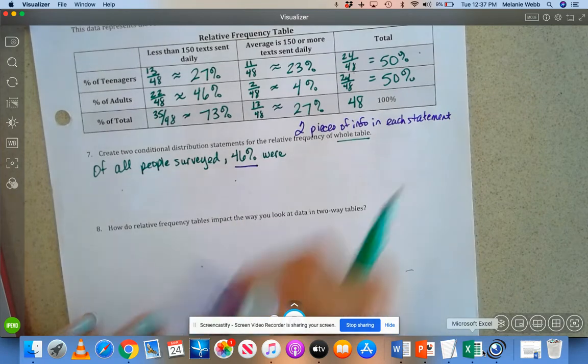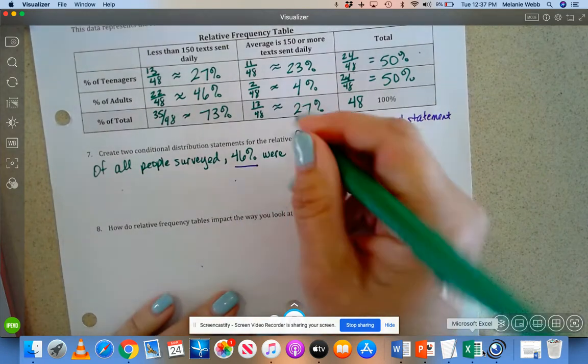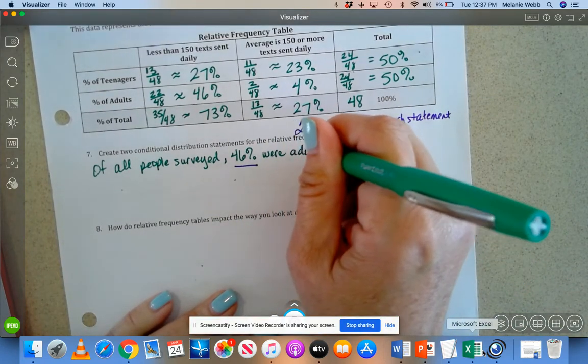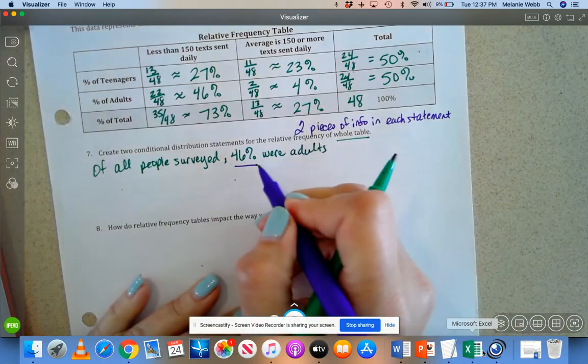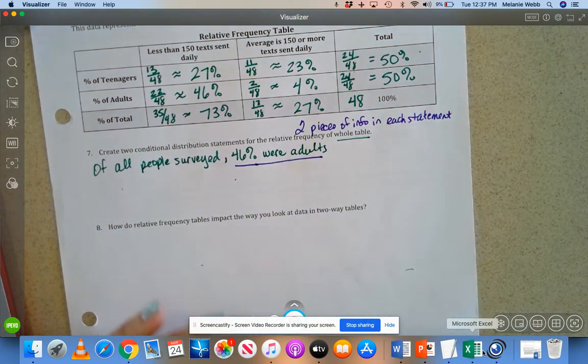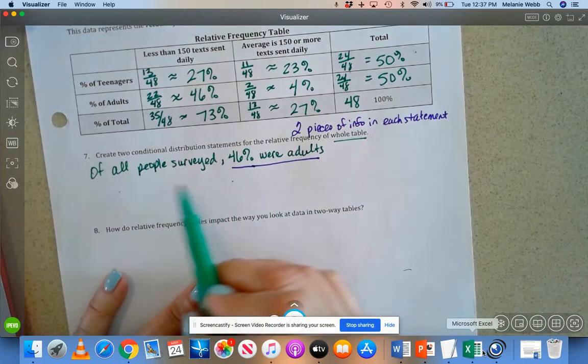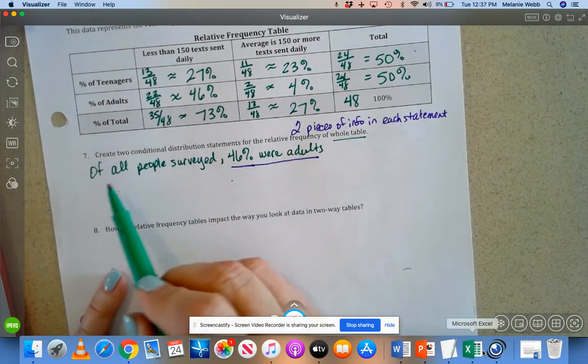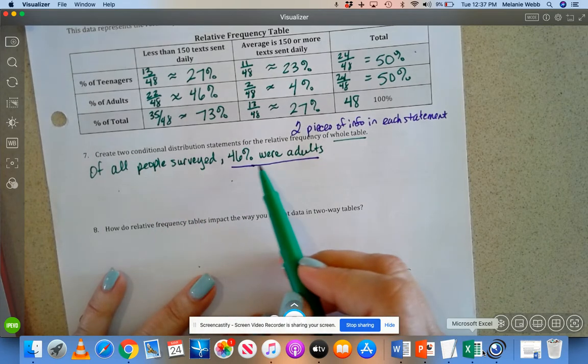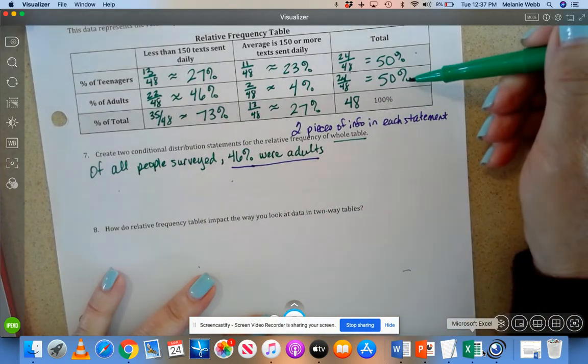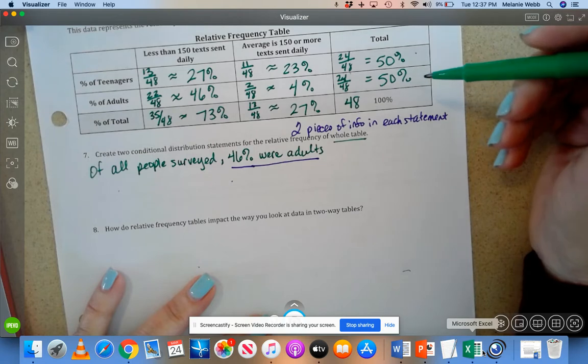So of all people surveyed, here's my first piece of information. 46% were adults. Okay, but were adults who what? I can't leave it that way, right? Of all people surveyed, 46% were adults. That's not true. 50% were adults. That's why I need to add more information.